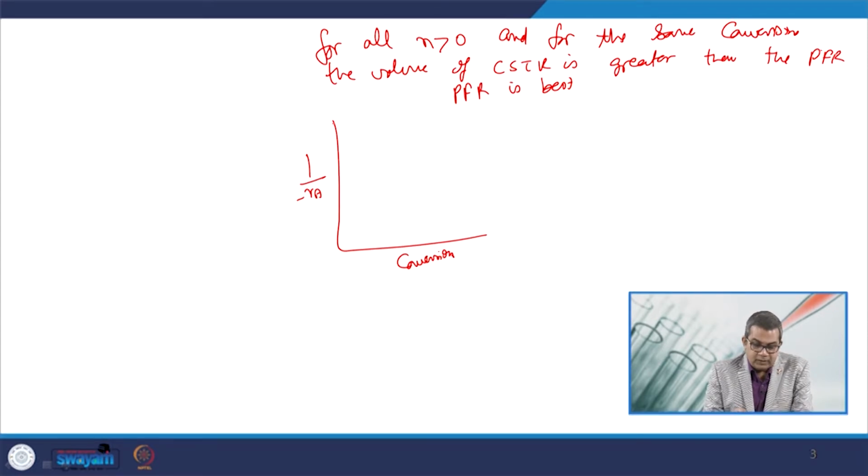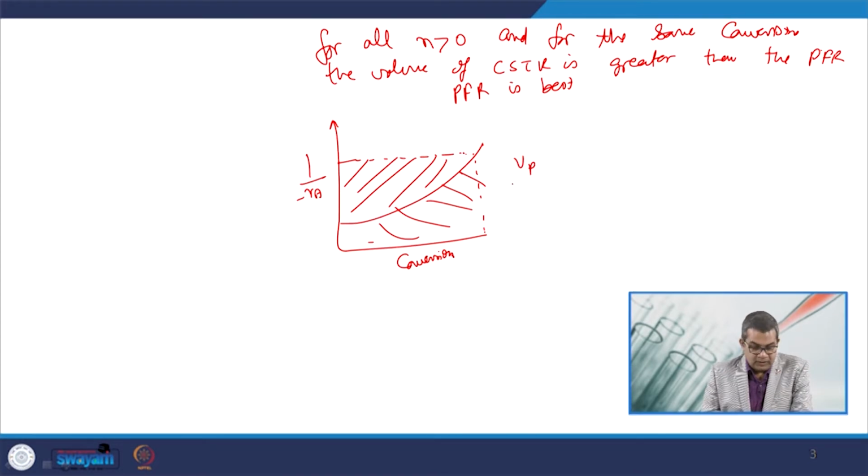Here, you see that there are two shaded regions, one here and a second one here. Here, this is V_m upon F_A0, and this is for n greater than 0.